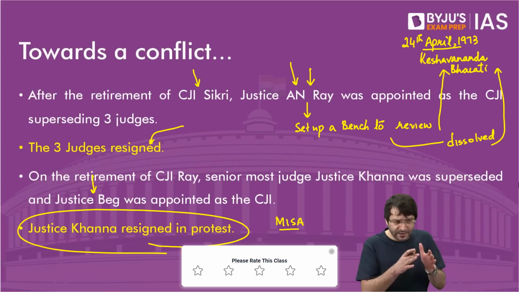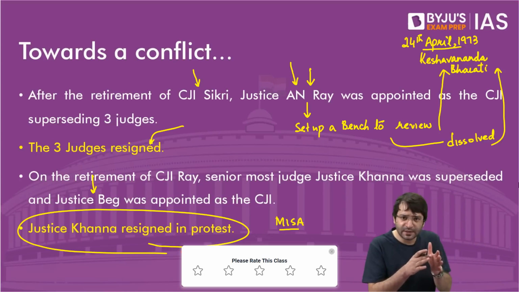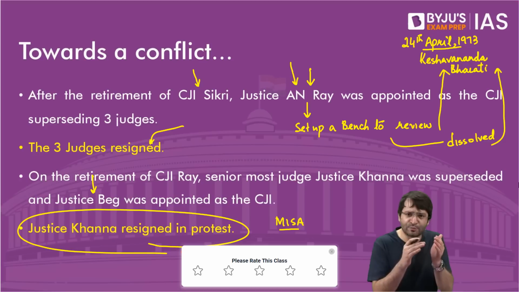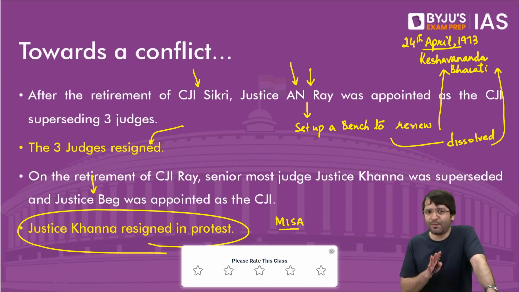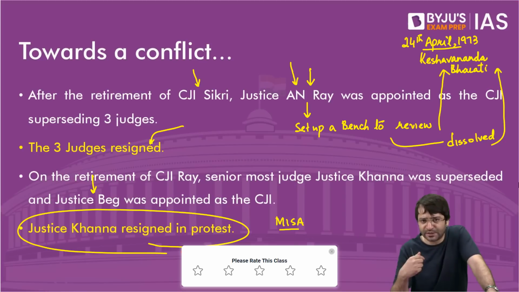And now we are entering into this phase of conflict. And this conflict was not only at the Supreme Court, this was at the High Court level as well. I am a politician belonging to the ruling party. My case is before a High Court judge. I'm trying to bribe him, to give this verdict in favor of me. The judge is adamant, the judge is upright, he does not listen to me.